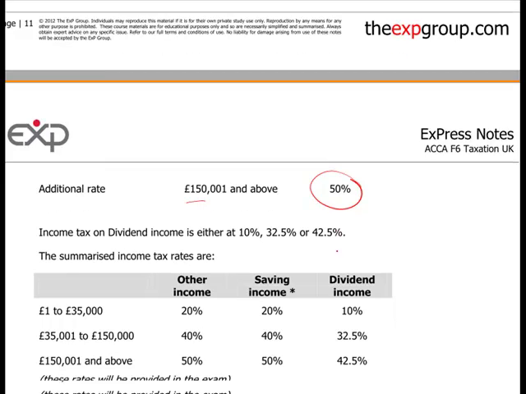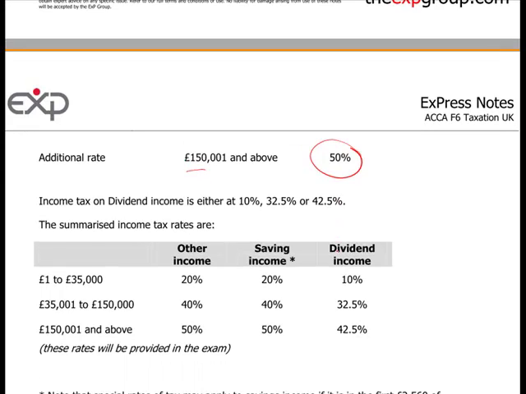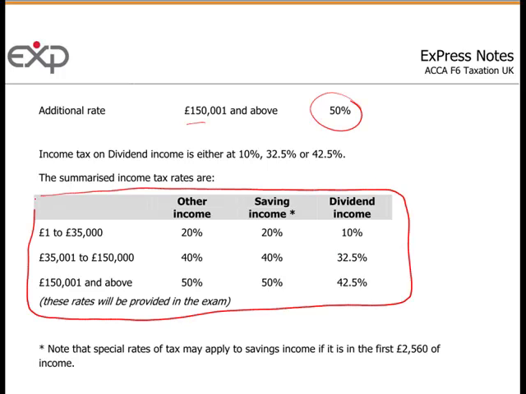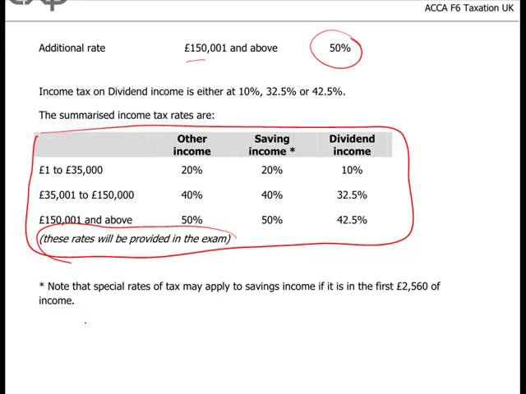Income tax on dividend income is either at 10%, 32.5% or 42.5%, and this is an important table to remember, which you will remember over time, but please note it is provided in the exam. Please note that if your income goes slightly over the personal allowance, the first 2,560, if that is savings income, then it is taxed at a lower rate, which is 10%.